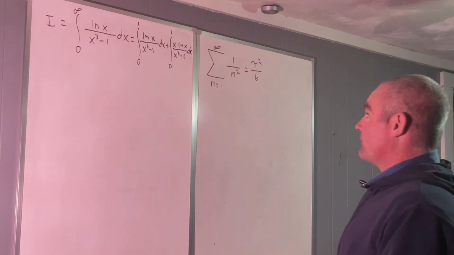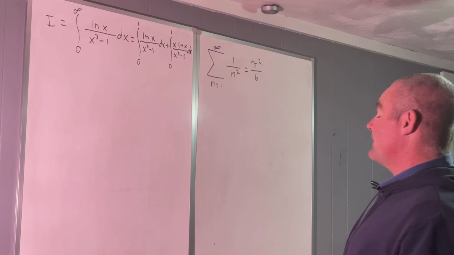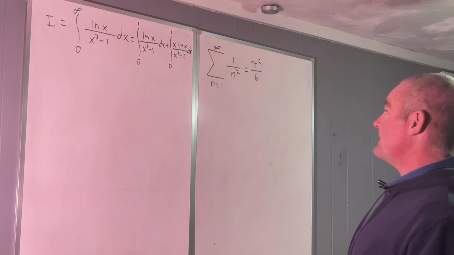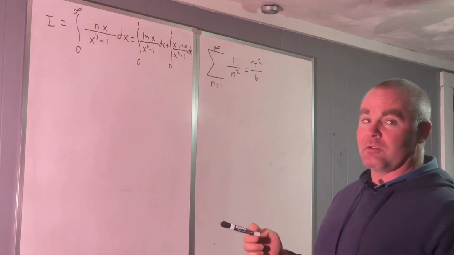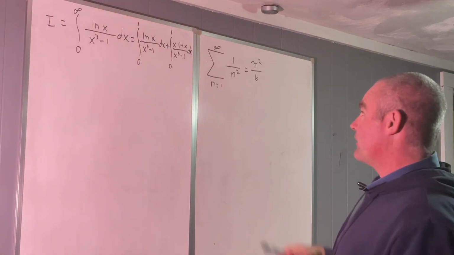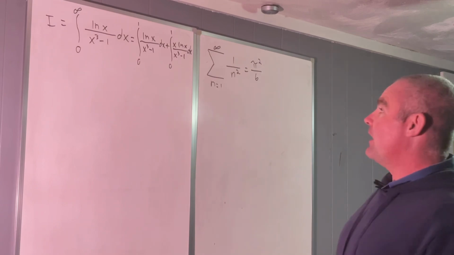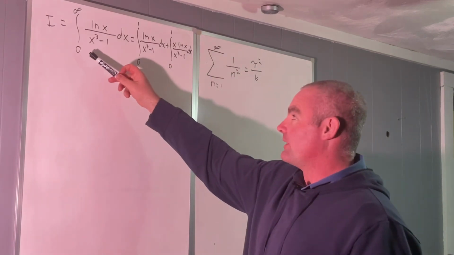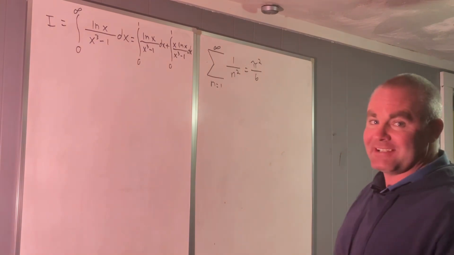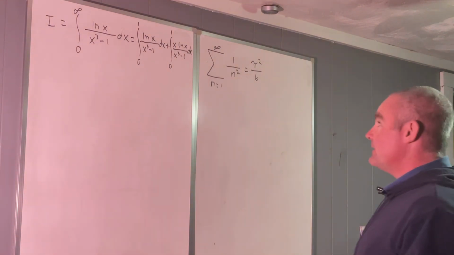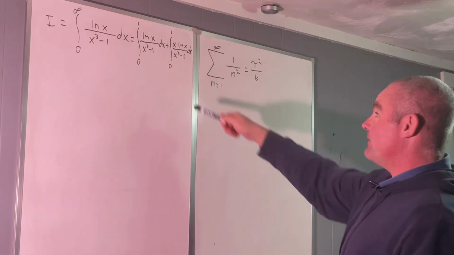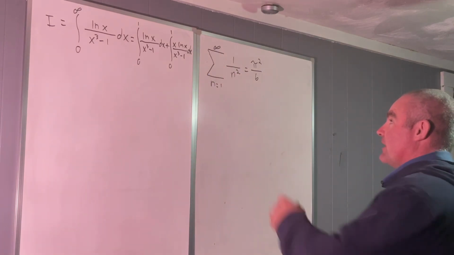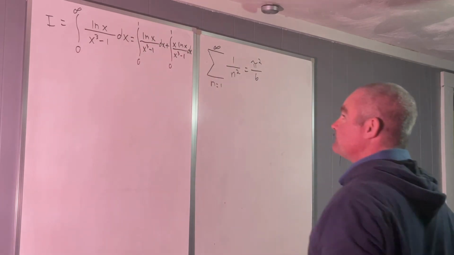And that comes from a very familiar trick that I've done on this channel many times. I break this up into two separate integrals and then perform the substitution u is equal to 1 over x on the second one. Obviously, the way I break it up is one integral going from 0 to 1 and then the next one going from 1 to infinity. Watch some of my other videos if you want to see exactly what I did there. But most of you should have no problem getting from there to there.